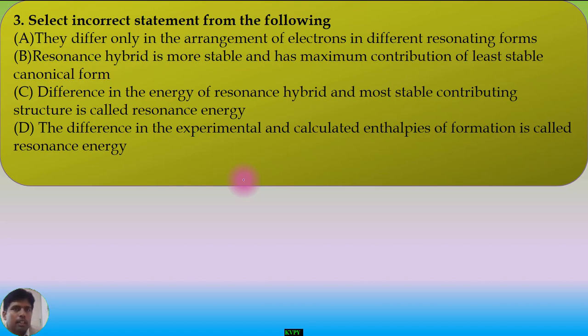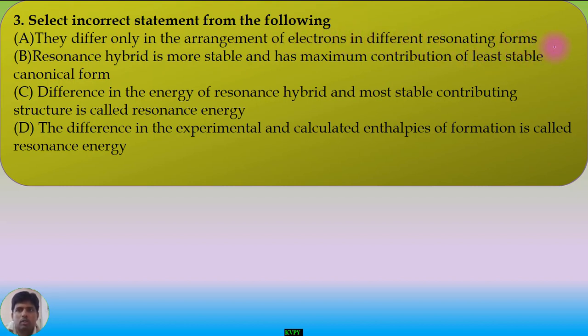Third question. Select incorrect statement from the following. So yes, there are four statements. The first one, they differ only in the arrangement of electrons in different resonating forms. Okay, so basically this statement is about resonance structures. So the resonating forms differ only in the arrangement of electrons.